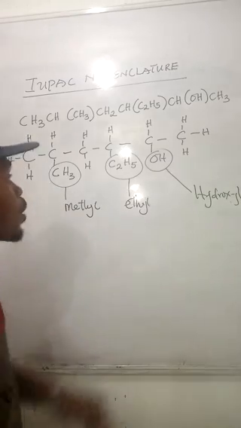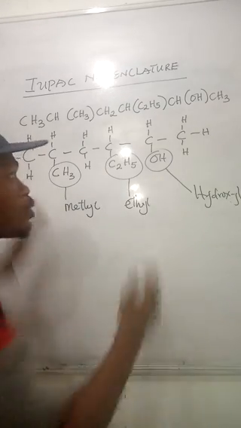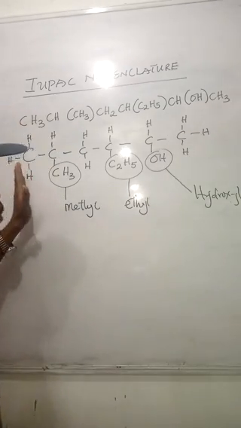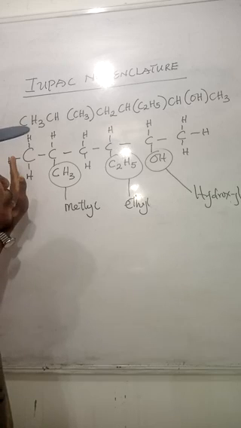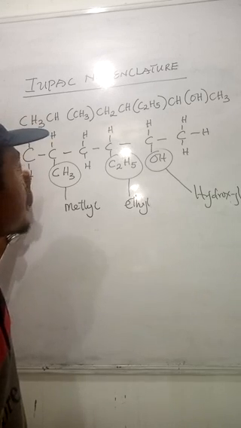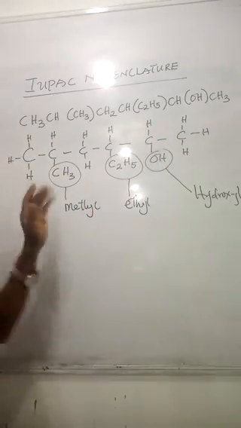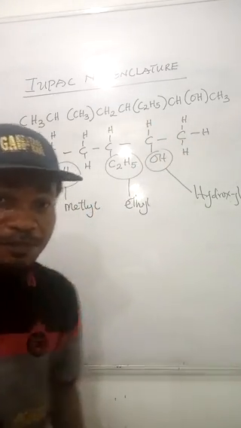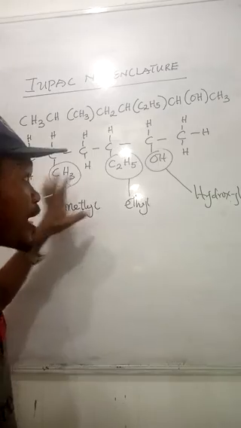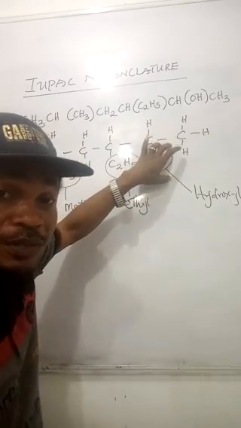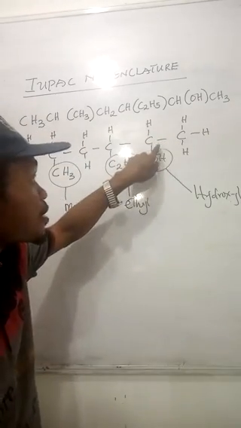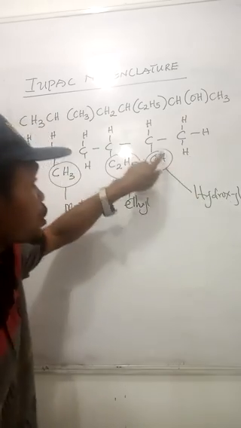So how do we name this now? Looking from both sides, we discovered that we can begin from this part of the naming or this part of the naming, but then there is something very important. The important factor here is we begin with where the functional group is closest to the end, which is OH.